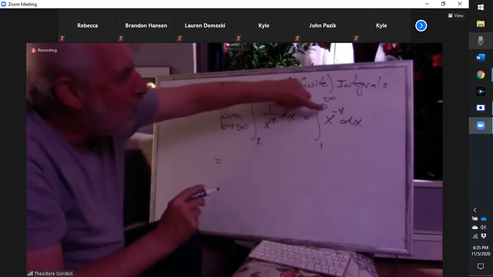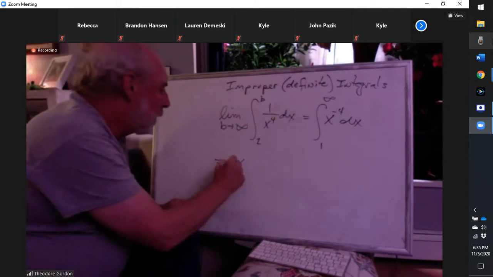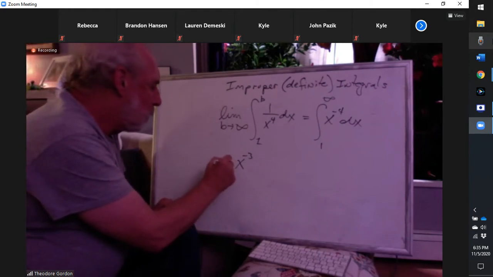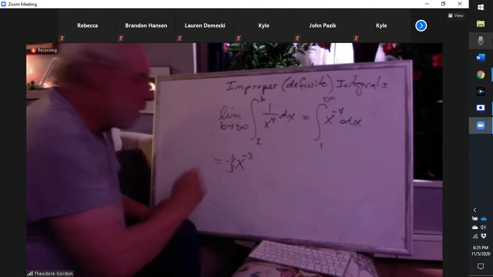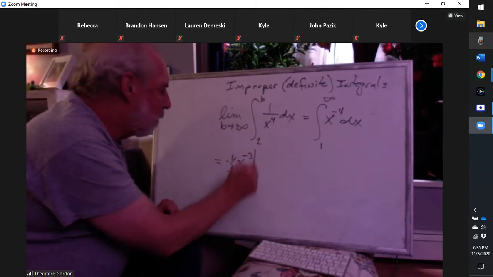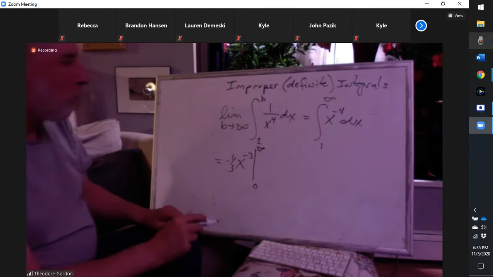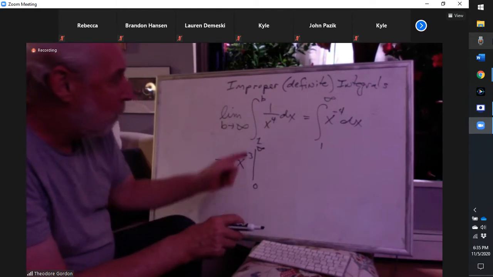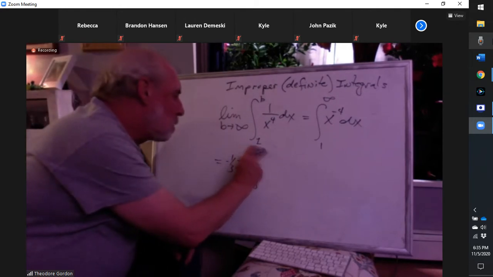And so we add 1 to the exponent. So that gives us -3. And we divide by the new exponent, which is -1/3. So that's the end of the integral. And then we go from 1 to infinity. Now we deal with the improper part. So the top goes in first.